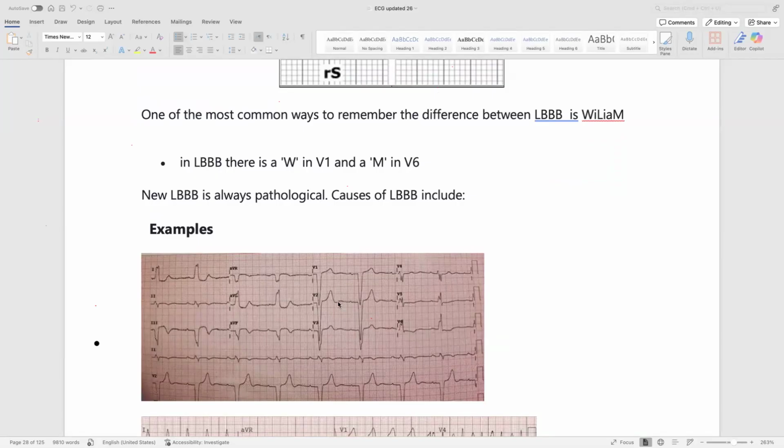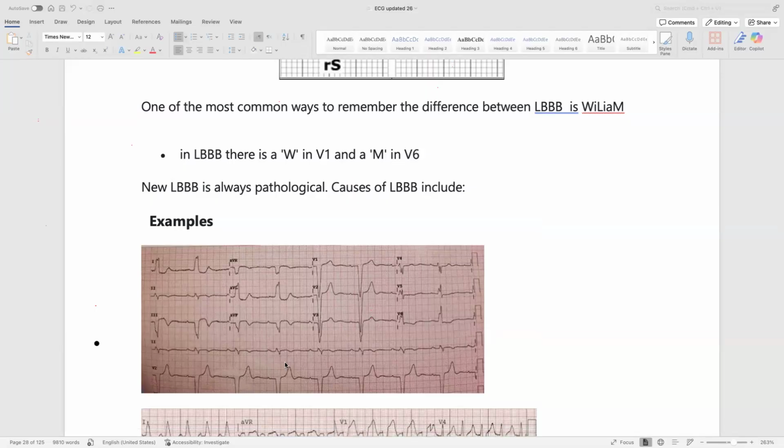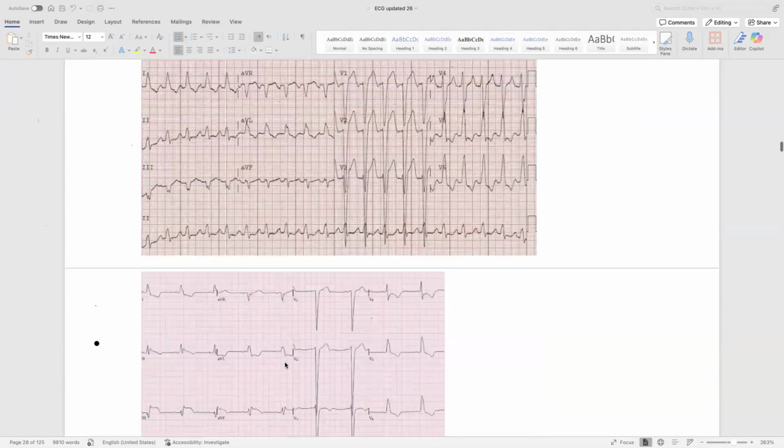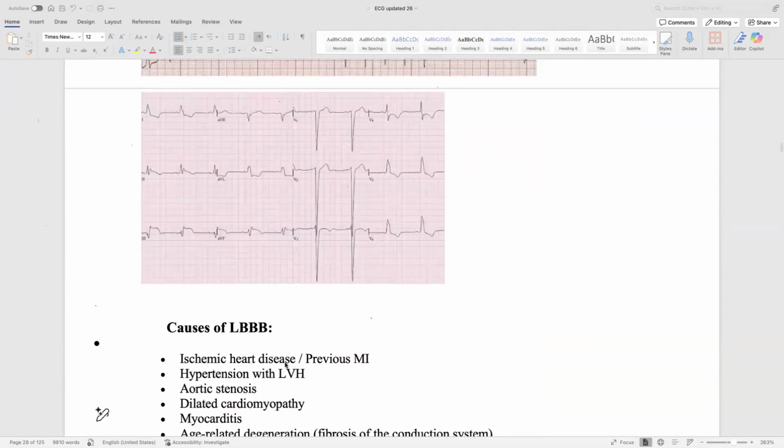So an M in lead 1 and a deep S in V1 to V6 in the presence of a normal R wave, which is negative. Left bundle branch block.